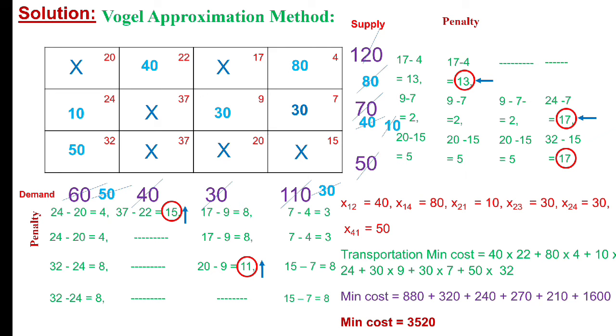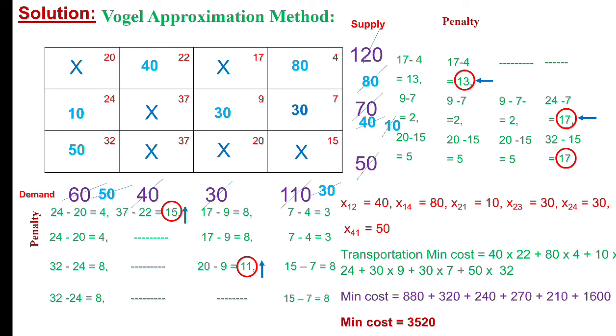We'll consider another problem. This is the second problem. Here first we need to check total supply equals total demand. So 5, 8, 7, 14 and 7, 9, 18 equal to 34. So both are tallied. We can say it is a balanced transportation problem.